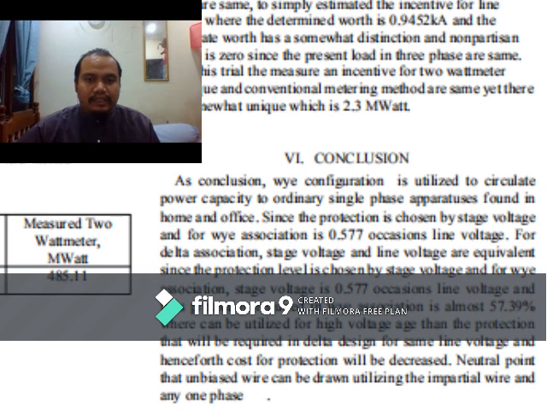The protection required in the Y connection is about 57.39%, which can be utilized for a higher voltage drop compared to the protection required in the delta design at the same line voltage, and the cost of protection will decrease. At the neutral point, the neutral wire can be drawn from any one phase. That's all for me. Thank you.